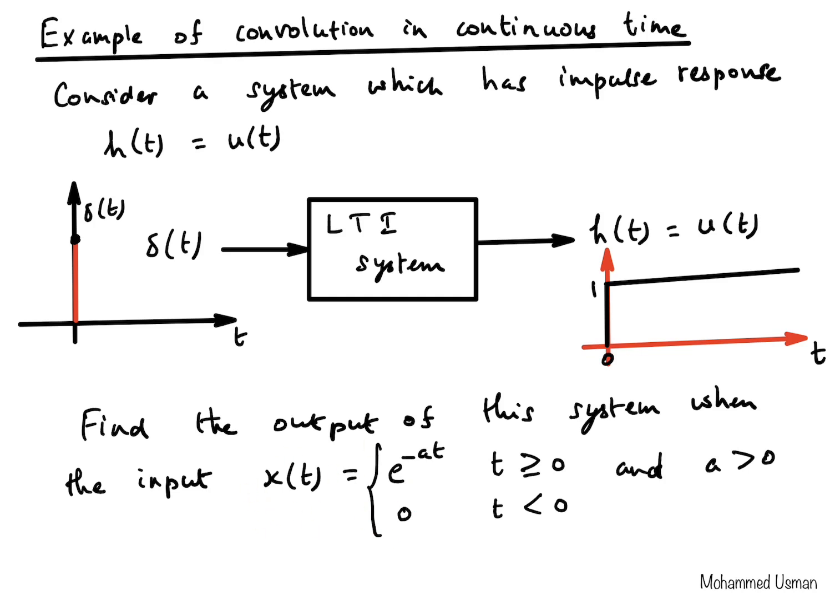Now we can write this x of t in simple terms by using u of t, because rather than writing it as two values for different ranges of t, we can combine these two using our knowledge of u of t, that u of t is equal to 1 when t is greater than or equal to 0 and 0 when t is less than 0. So we can write this x of t as e power minus at times u of t.